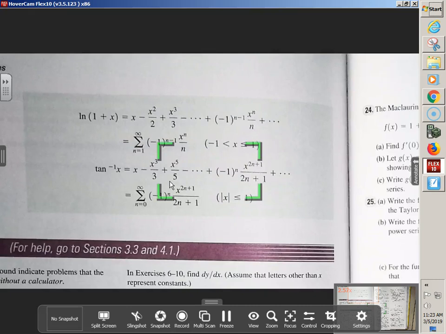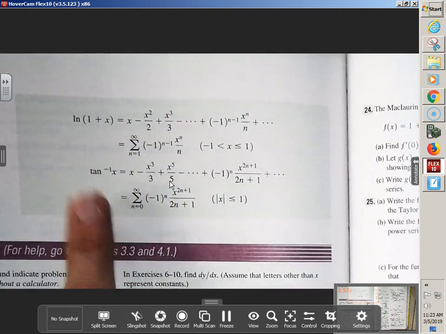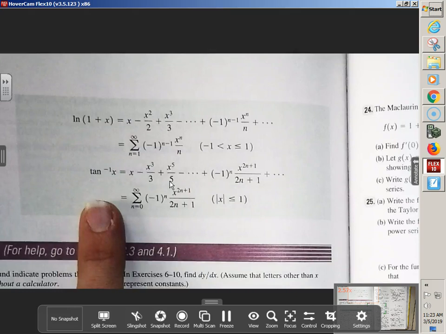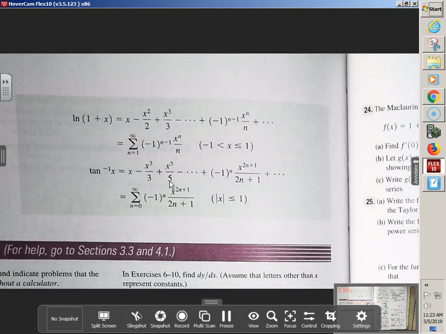I think the AP does like to do 1 over 1 plus x, so maybe it's good to write it. But guys, there's one other one. What's the one other one that they add? Tangent inverse. Wouldn't that be the integral of 1 over 1 plus x squared? And wouldn't 1 over 1 plus x squared be 1 over 1 plus x with an x squared plugged in? So you could actually get this series on your own by integrating 1 over 1 plus x with x squared plugged in.